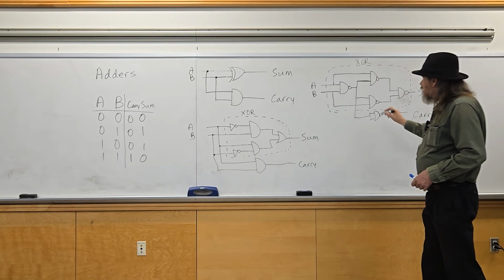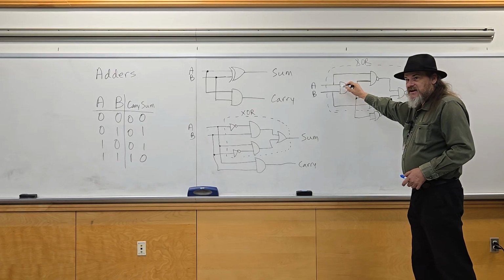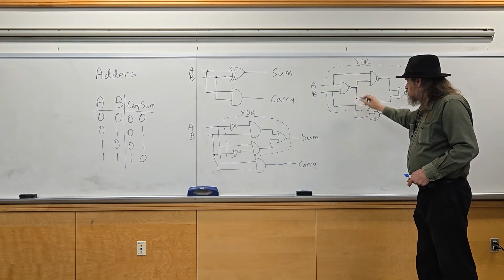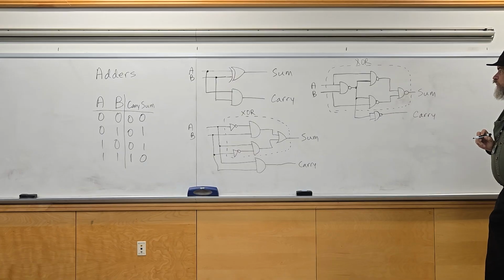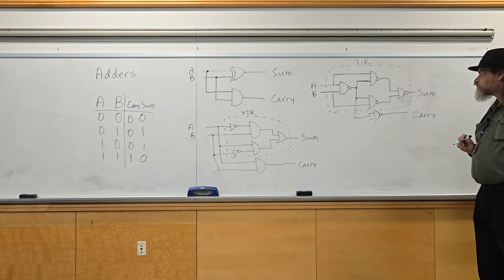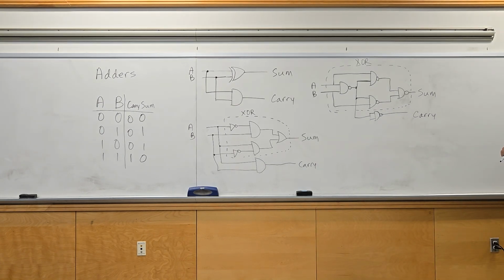You just invert the output from this NAND gate. You just invert it for the carry. So you generate the sum and the carry from A and B.